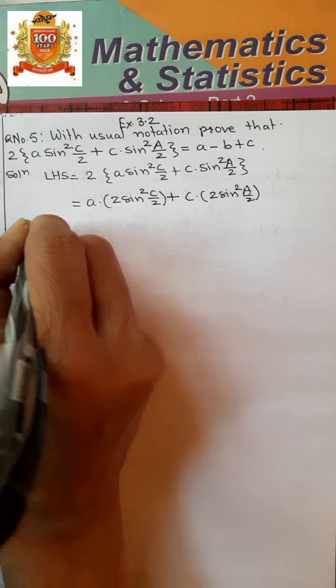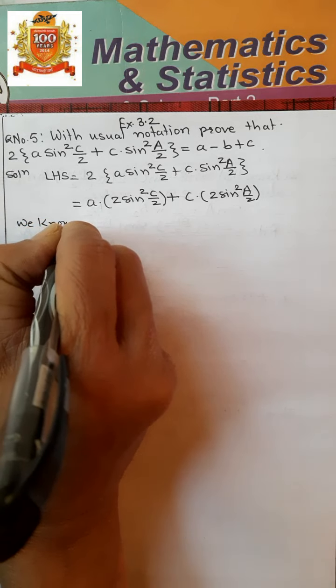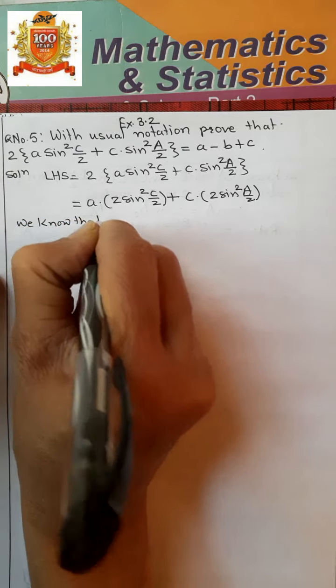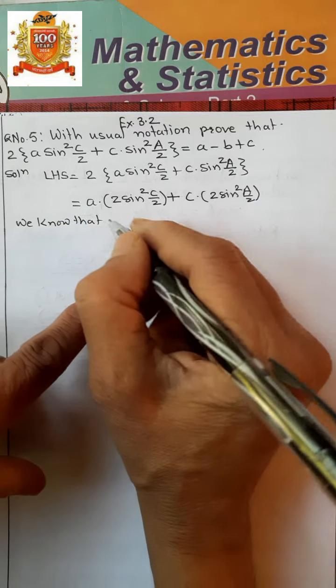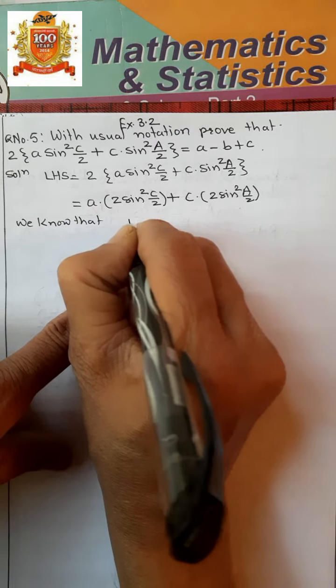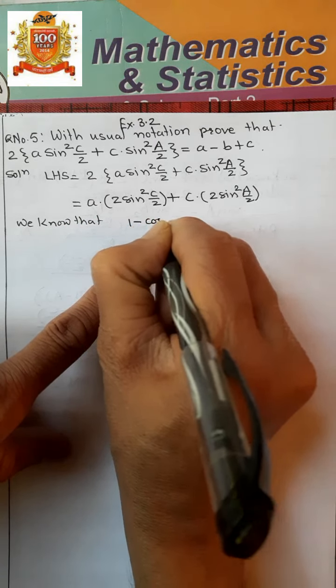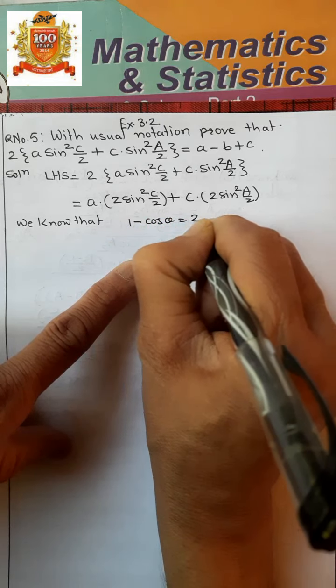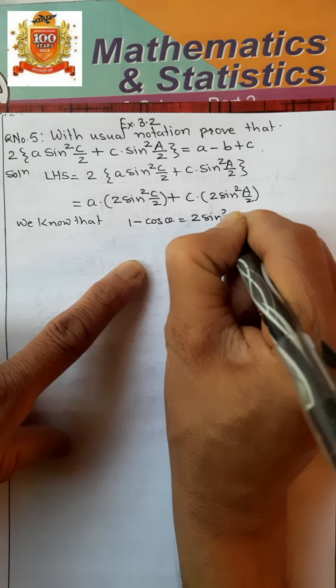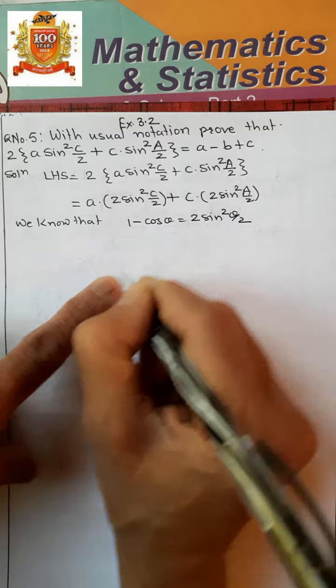We know that 1 minus cos theta is equal to 2 sin square theta by 2.